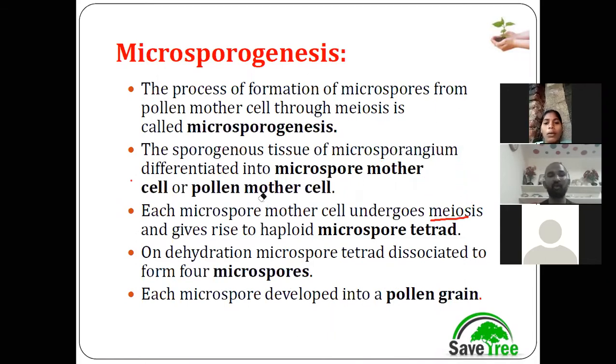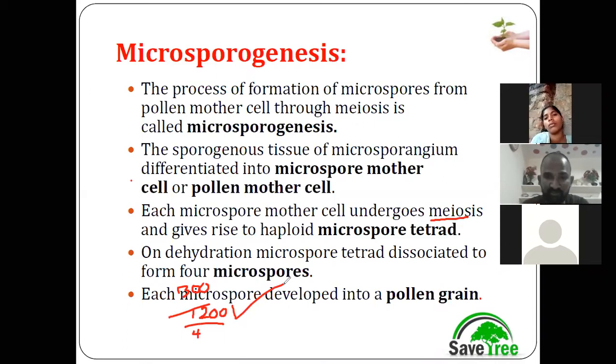If 1200 are produced, from how many pollen mother cells? Because it is divided by 4, so nearly 300. The 300 microspore mother cells undergo meiotic division, and finally they produce the 1200 pollen grains.